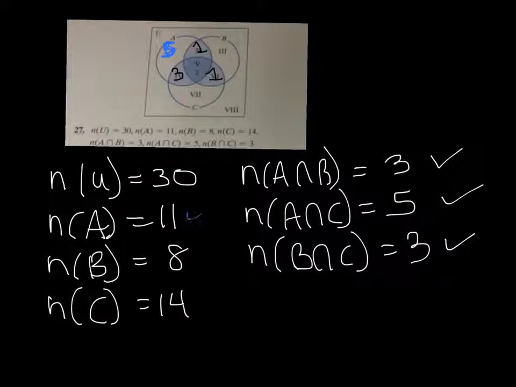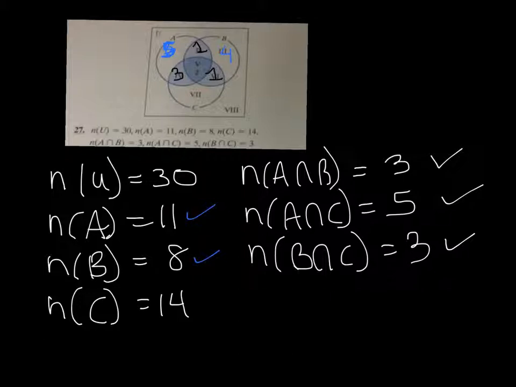Okay, that's done. Now n of B, the cardinality of B, means this whole set should have 8 elements. So 2, 3, 4. Well, 4 plus what is 8? This should be 4, and check.